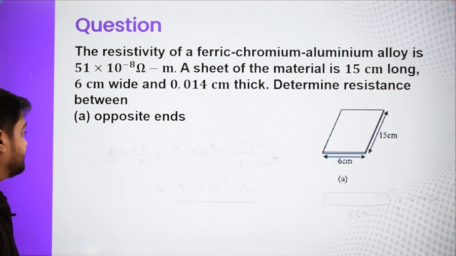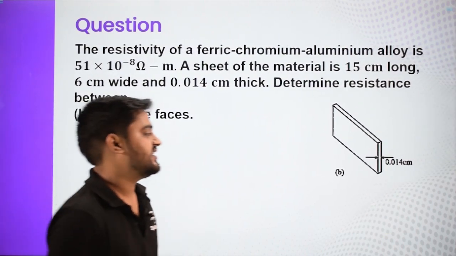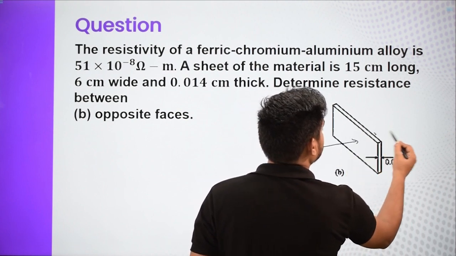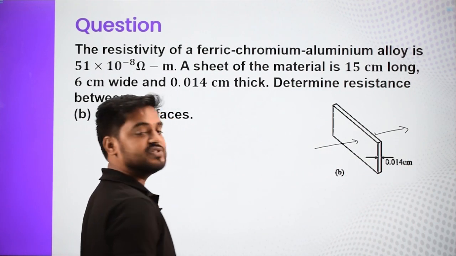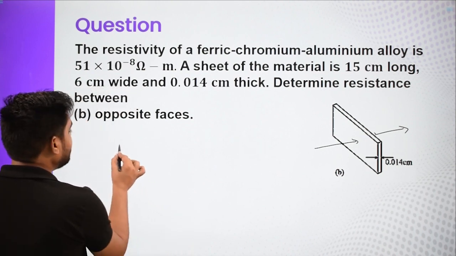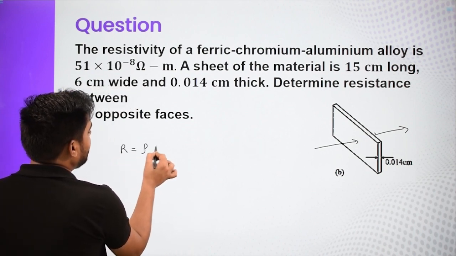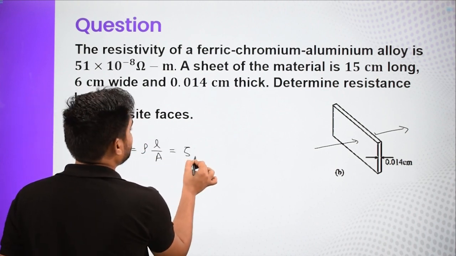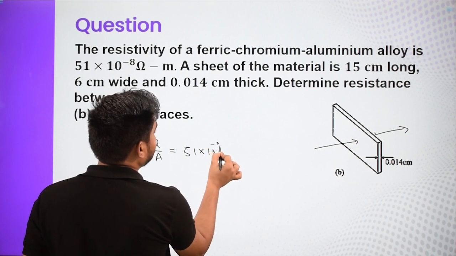Next thing is the opposite phases. So when we are talking about these, here current is passing like this. So these are opposite phases, right? Both the phases. So now here I will again consider the L and the A properly, and I'll get the resistance. So rho is still the same, 51 into 10 raised to power -8.